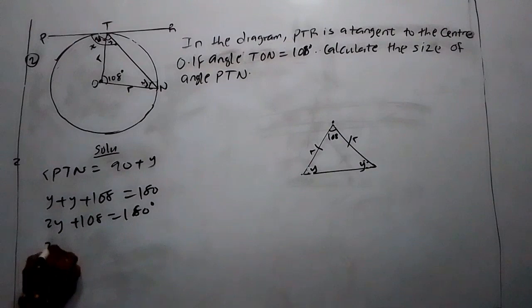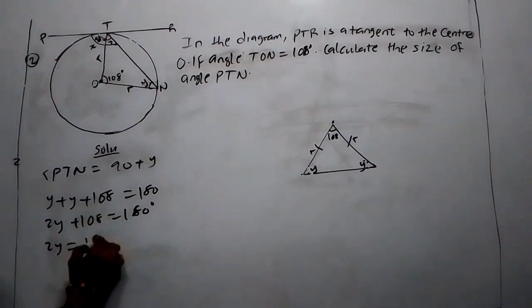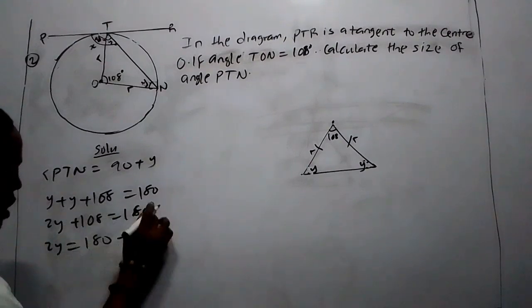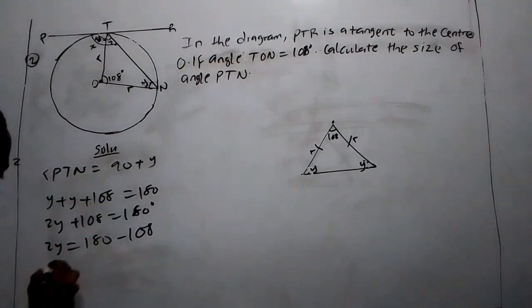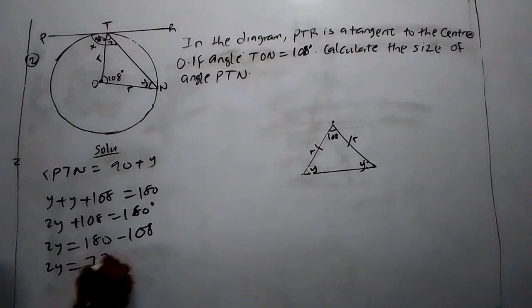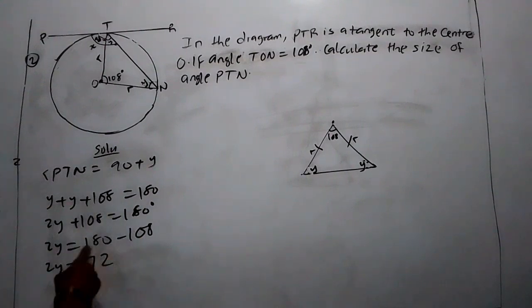You calculate: 2y equals 180 minus 108, taking it to the other side. So 2y is equal to 72.